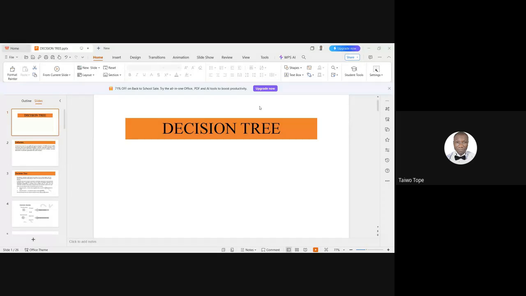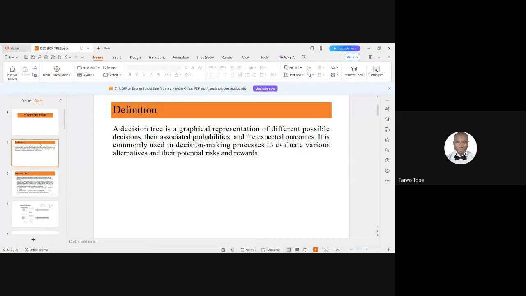There are certain things we must take note of when treating questions on decision tree, because for you to represent those sentences in a tree-like nature, you must know what is called your decision node. You must know what is called your chance node.